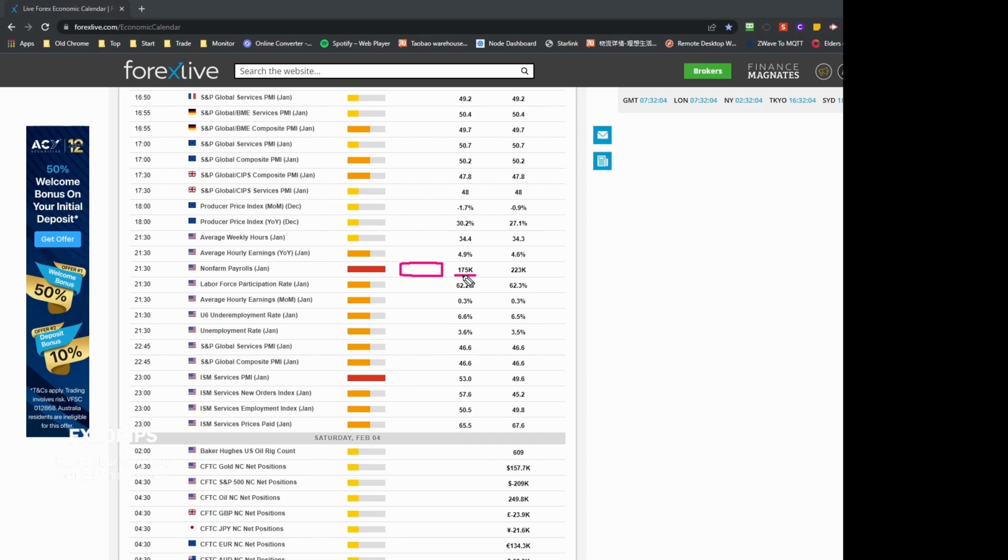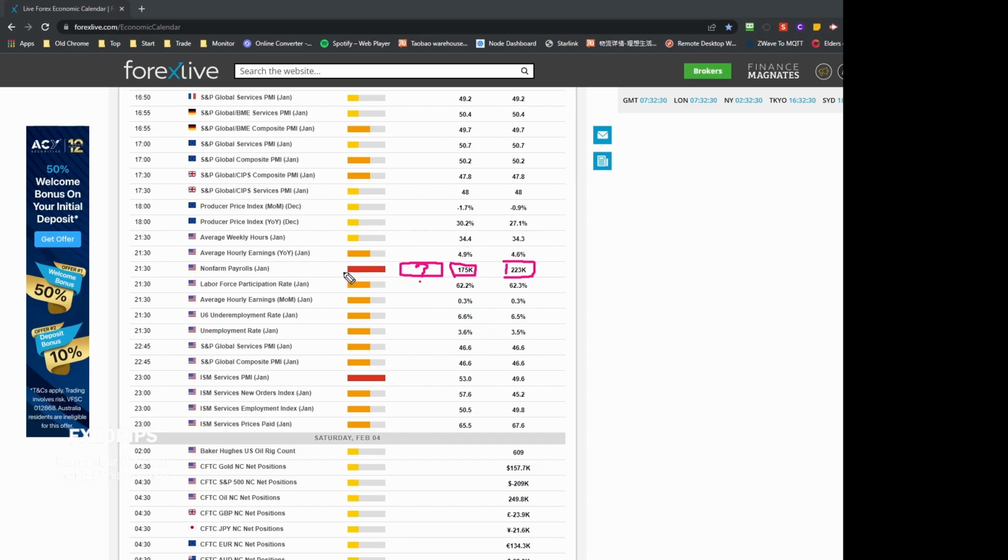If the figure comes out higher than this but lower than this, then maybe the US dollar might soften a bit.